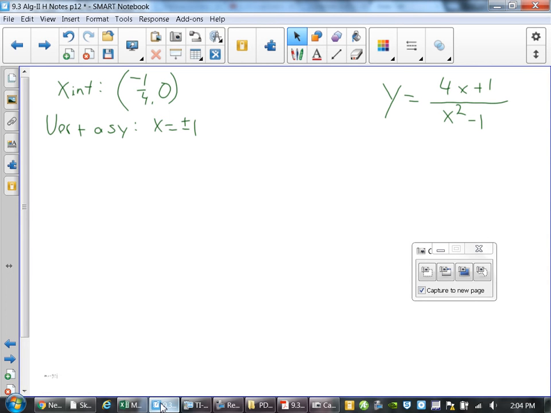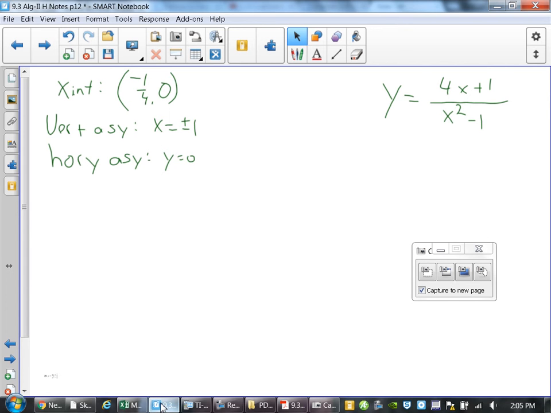And then horizontal asymptote: my top degree is less than my bottom degree, therefore it is at y equals 0. Make sure you say y equals or x equals for these horizontal and vertical asymptotes.